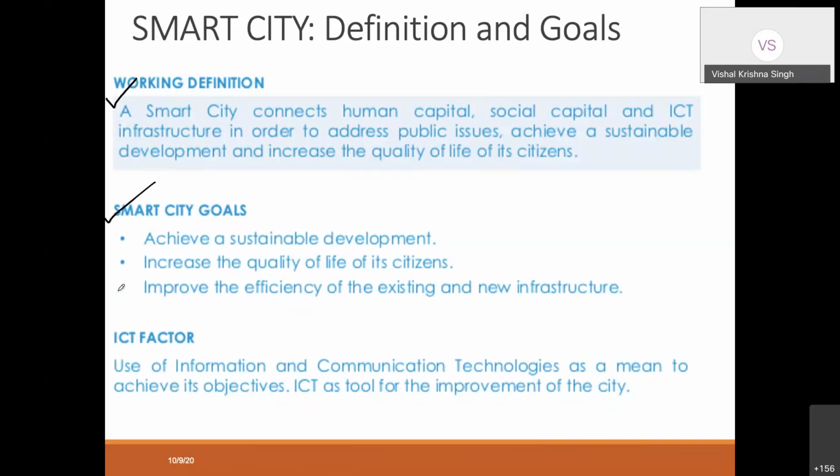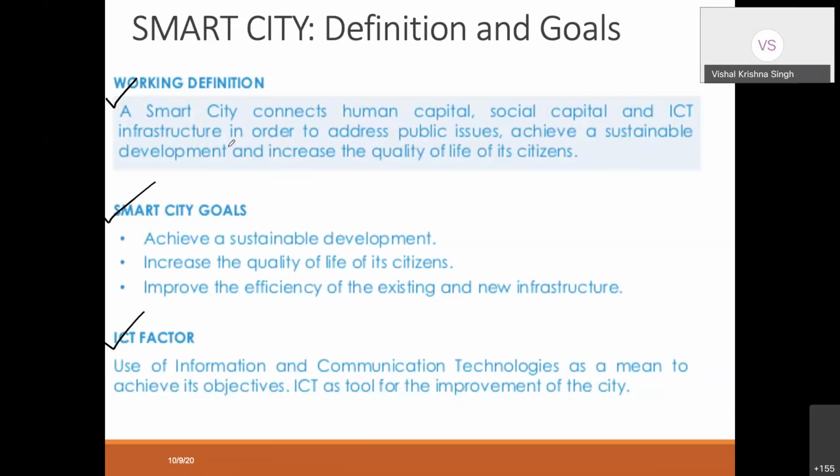I think this has already been covered in the definition, but these are the primary goals of any smart city architecture or model which you might witness. But then again, to achieve these goals, the information and communication technologies play a very important role in achieving this dream of smart city or the goals of the smart city.